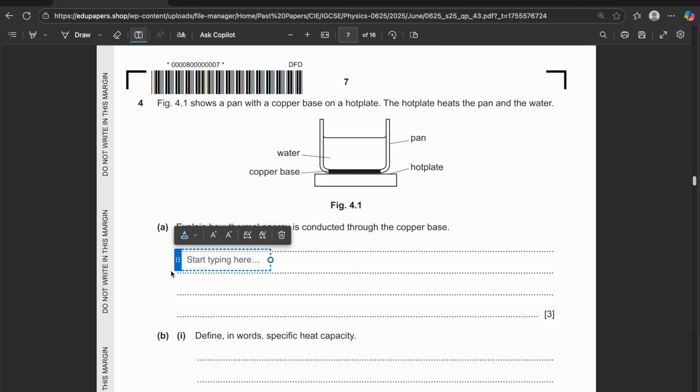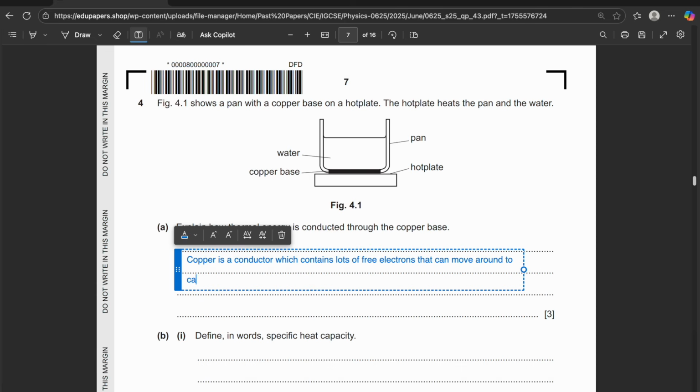Copper is a conductor, which contains lots of free electrons that can move around to carry the energy through the metal.